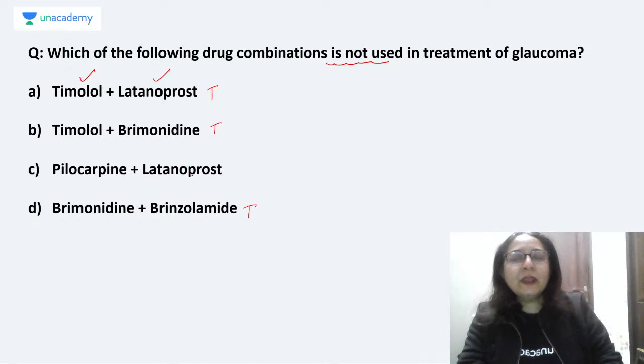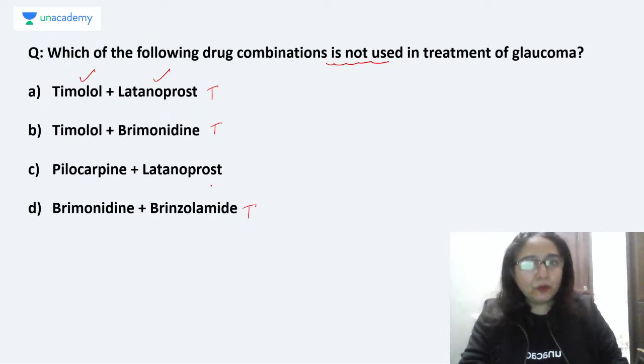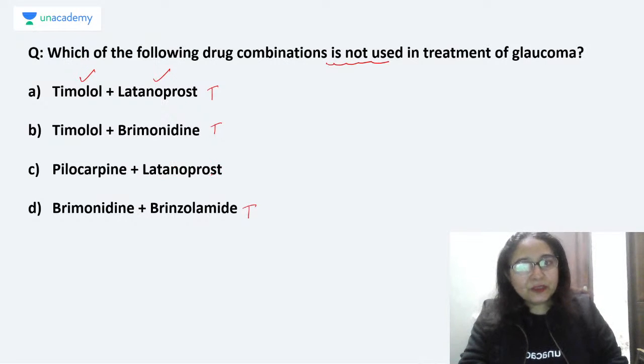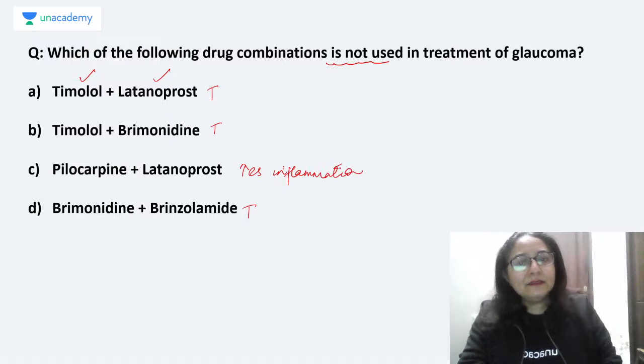But if we look here, pilocarpine and latanoprost, okay, pilocarpine increases the inflammation in the eye. Latanoprost, a prostaglandin analog, also increases inflammation in the eye. So both of these can increase the inflammation. Both of these can cause cystoid macular edema.